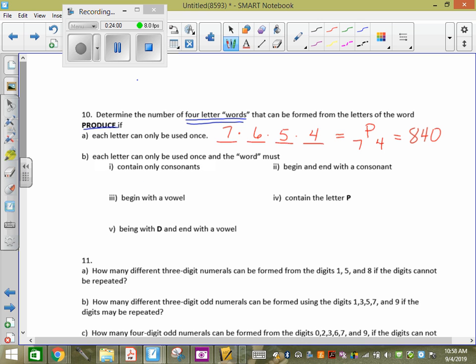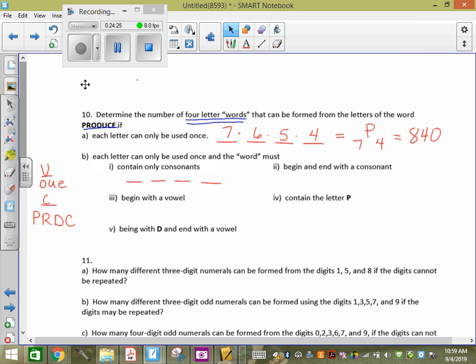The word contains only consonants. So consonants are not vowels. Still a 4-letter word. So I have O, U, and E as my vowels. And as my consonants, I have P, R, D, C. So I only have 4 letters I can use because this word can only contain consonants. The vowels are not allowed. So how many options do I have for the first blank?